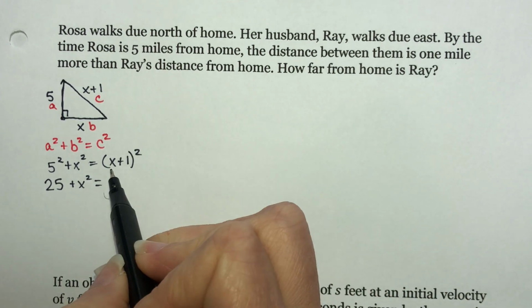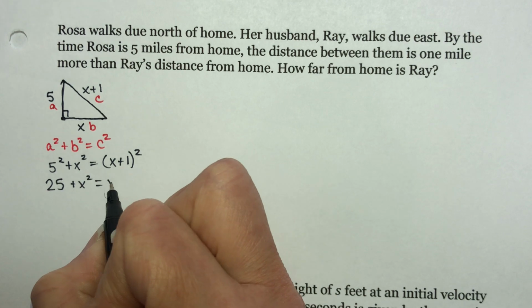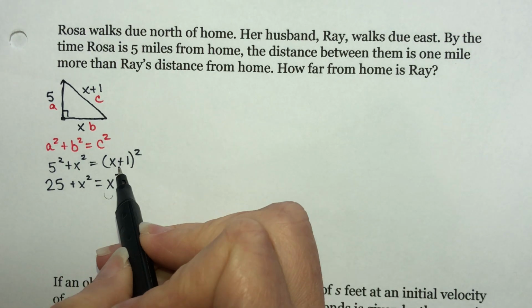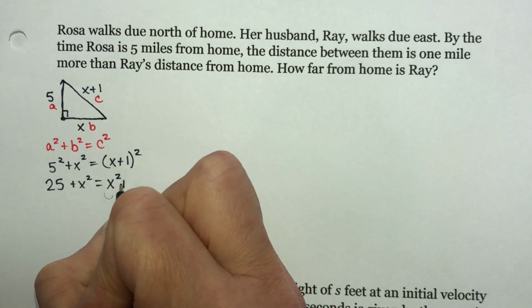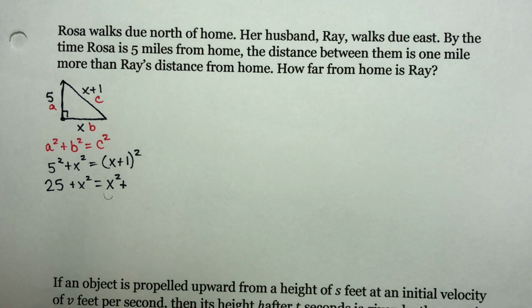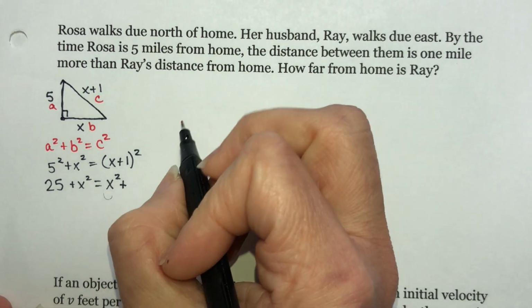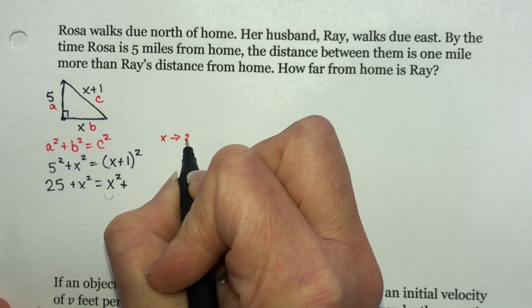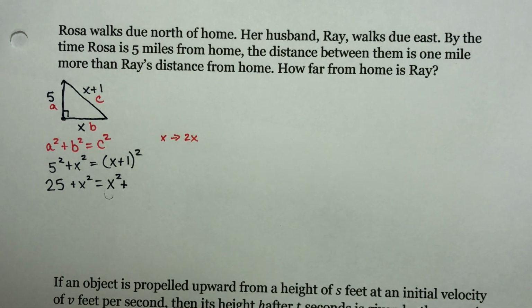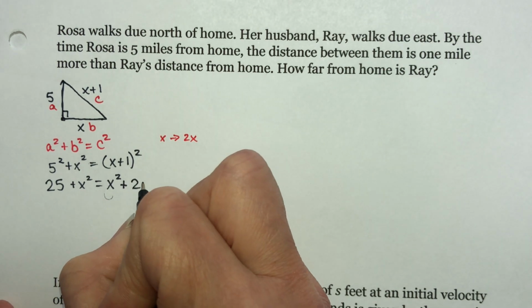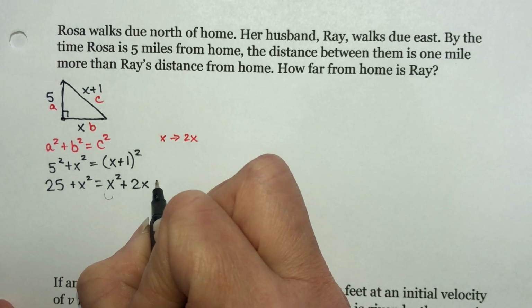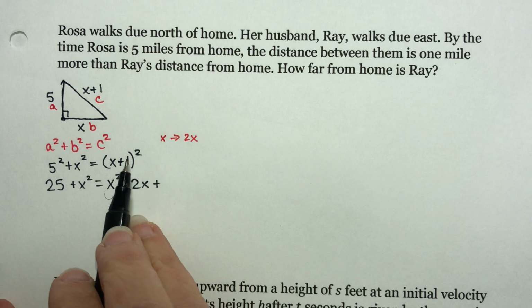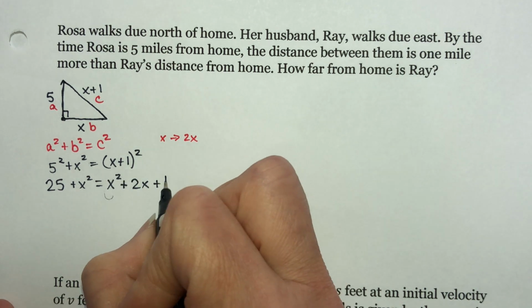And the way we talk ourselves through this is you square your first term, write down the sign from the middle, multiply these two things together, and that would be X. And then you double that, which will give me 2X. So you multiply them together and then double it, which gives me the 2X. Plus, this is always a plus here. You square your last term, which is a 1.